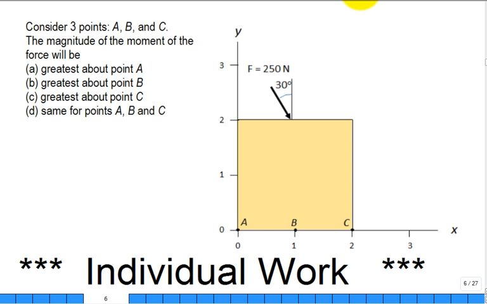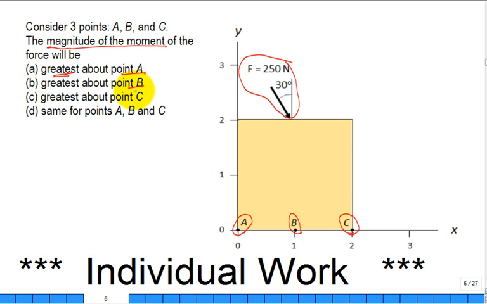So multiple choice. Consider 3 points A, B, and C. Where is point A? Where is point B? And where is point C? And we want to talk about the magnitude of the moment that this force exerts on the object. If you're calculating the magnitude of the moment about point A, is that the greatest of the three?